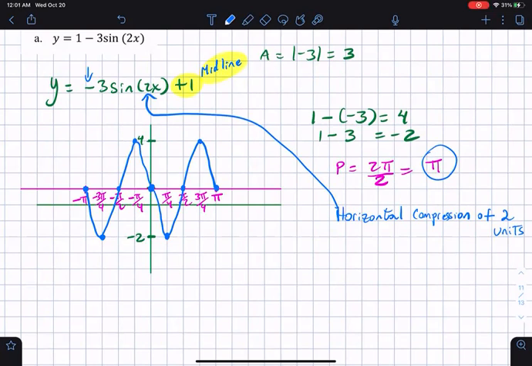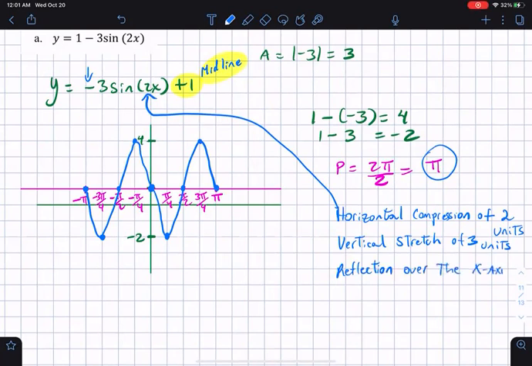Okay. What else? The reflection or the horizontal stretch. It is a vertical stretch. Vertical stretch of 3 units. Reflection over the x-axis. Okay.